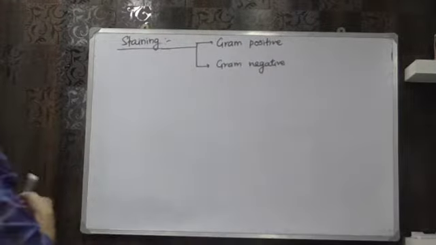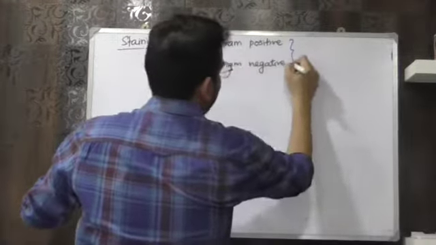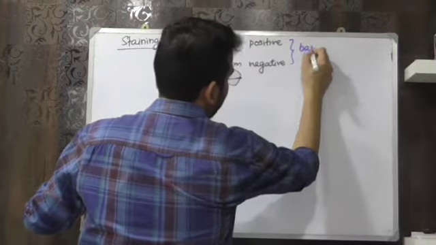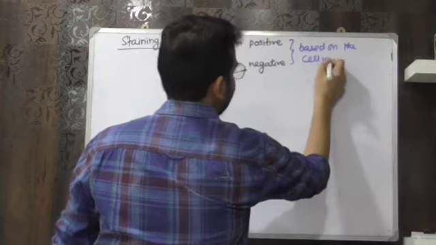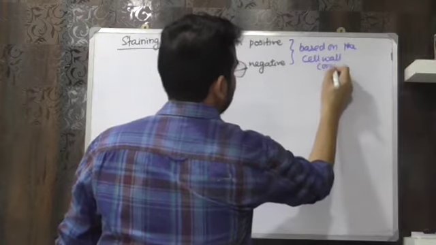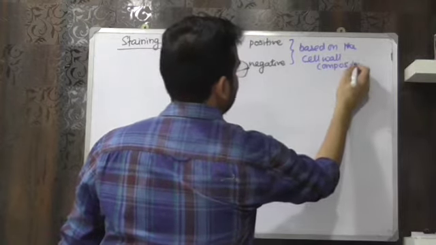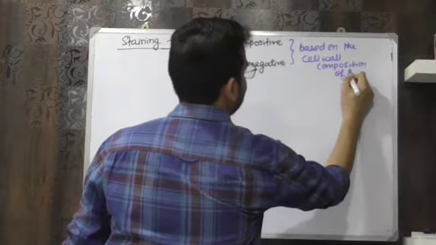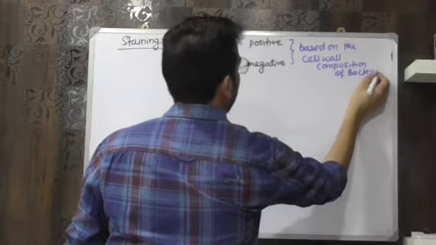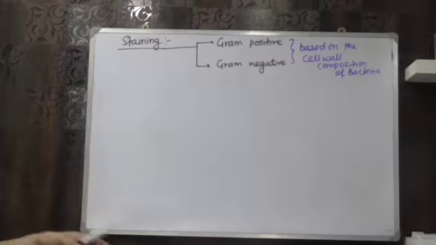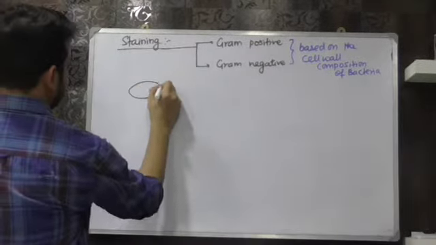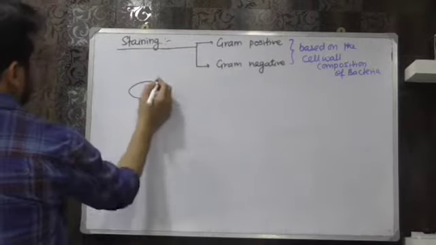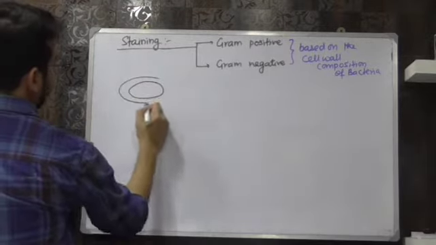Let's see what is the basis of this classification. This is very important: it is based on the cell wall composition of bacteria. Now what happens in some bacteria, let's say this is a bacteria and it has got a single layer.